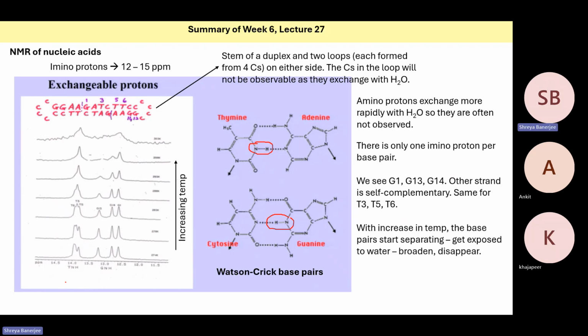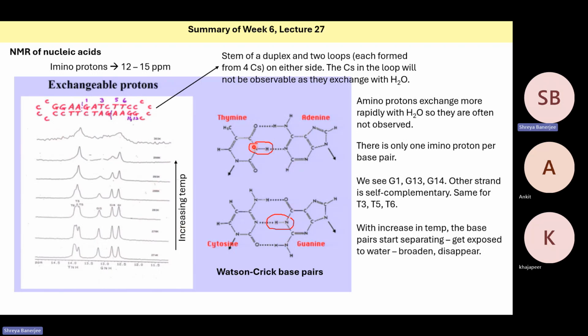So we are now looking at the region of the iminoprotons. Why not the amino? Because we have already discussed that aminoprotons are not that reliable because they are very much exchangeable. So instead of looking at the aminoprotons, we are directly looking at the region of the iminoprotons, which is 12 to 15 ppm. So when we look at this 12 to 15 ppm region, we will be able to see these iminoprotons.